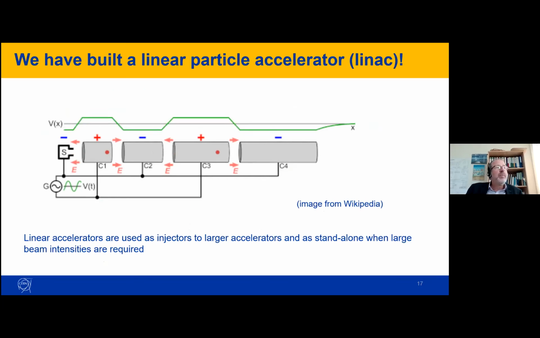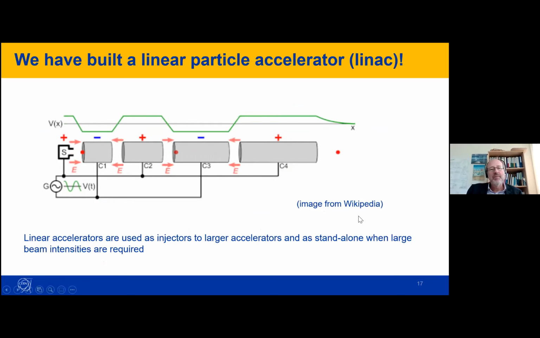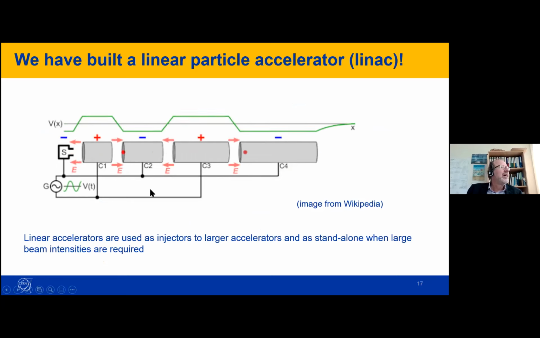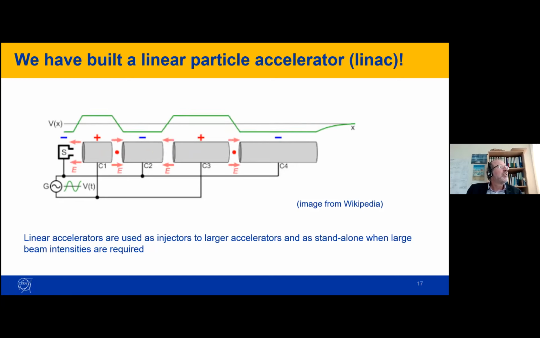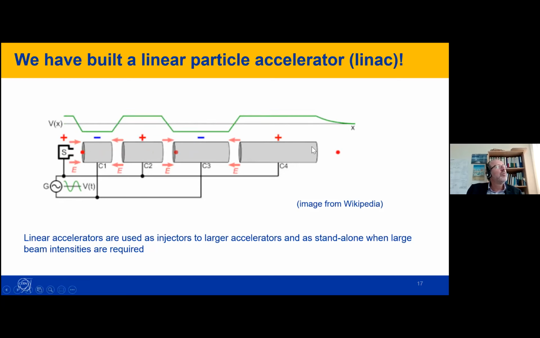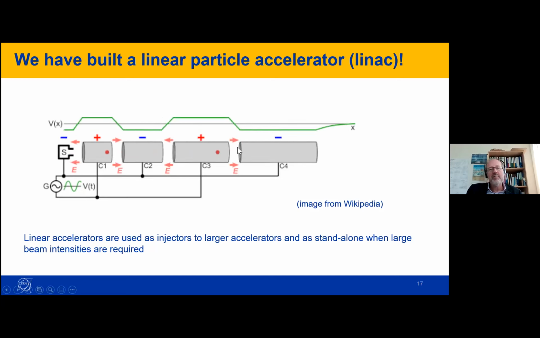And this is simply from Wikipedia. It's a nice image of how all this works. You go to linear accelerator on Wikipedia, and you see basically a Wideröe type system with a generator. It used the radio generator because it was accelerating at a few megahertz of frequency, and given a certain frequency and given a certain velocity of the particles, you know the distance between the gaps, and you see that the tubes are getting longer and longer because the particles are getting faster and faster.